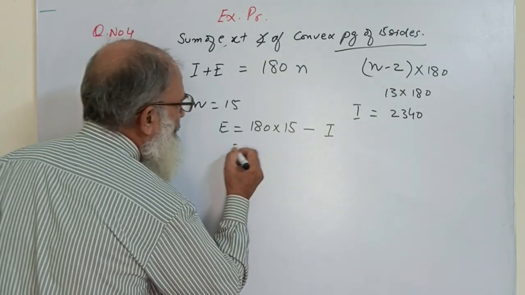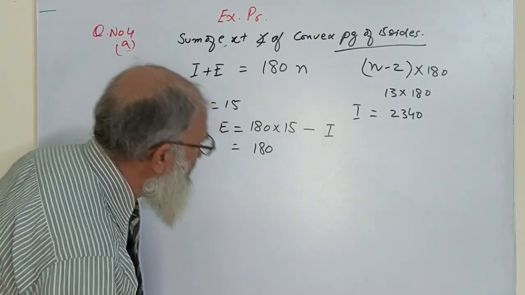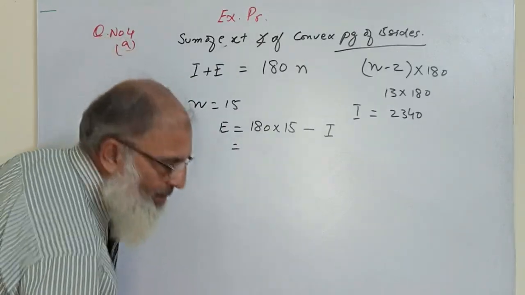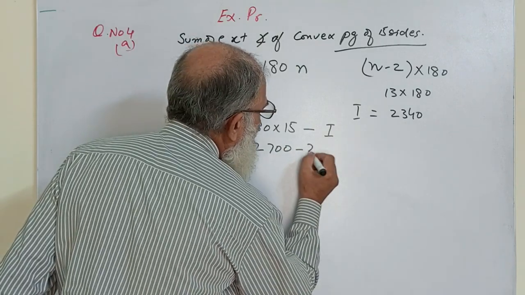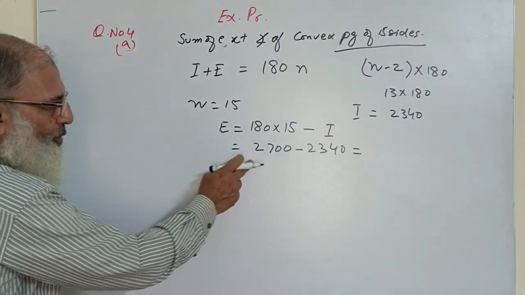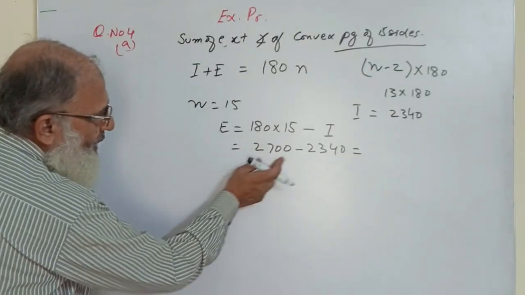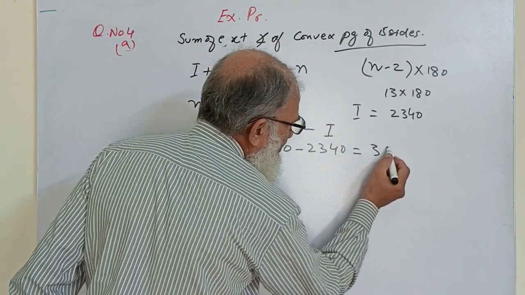So it will become 2700 minus 2340. You see that 700 minus 340 will give us 360.